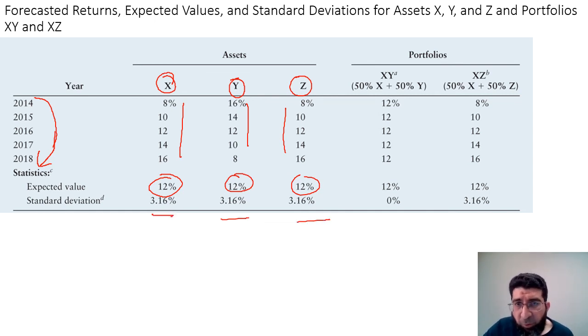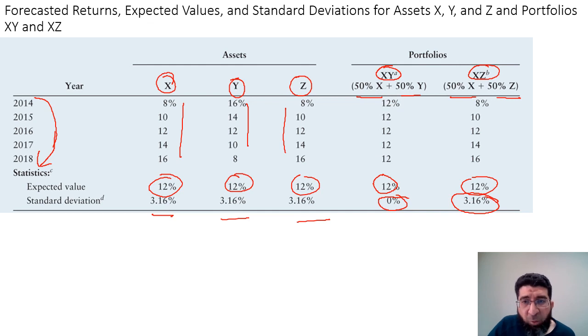Now we have portfolios. If we combine XY with 50% investment in X and 50% in Y, and another portfolio which is 50% X and 50% in Z, what comes out? If you calculate the weighted average return, we'll have 12% expected value for both. However, this time we have zero standard deviation for XY, but for XZ we have 3.16%.